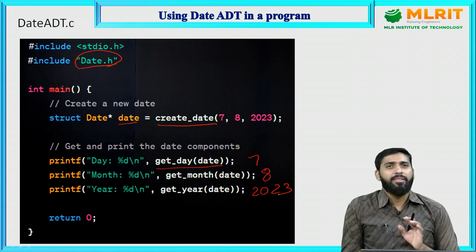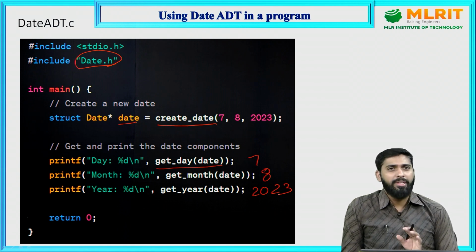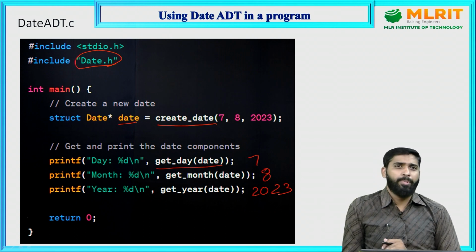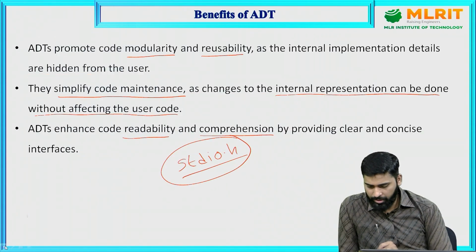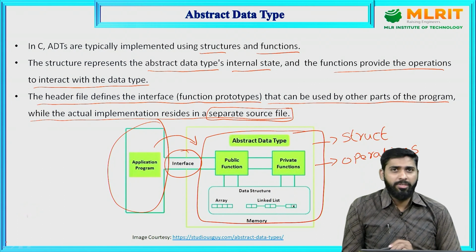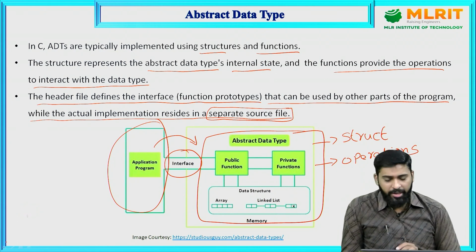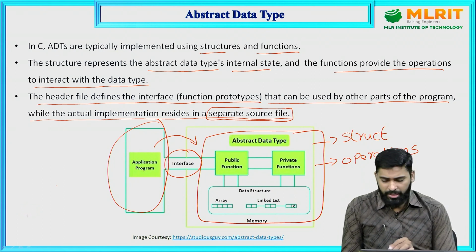Okay, the abstract data type contains 3 parts. One is the interface, the second one is the implementation, that we call the source file, and the third is the application program. Now we come back to the first slide. So come to this diagram. In this diagram the application program is date adt.c.